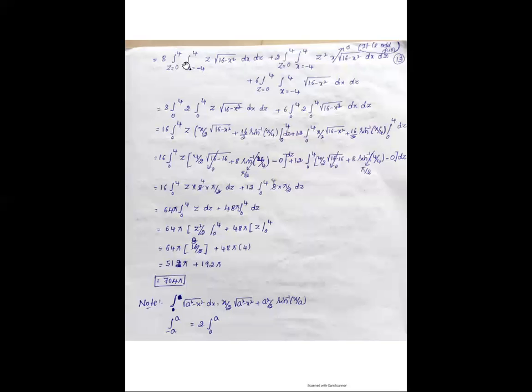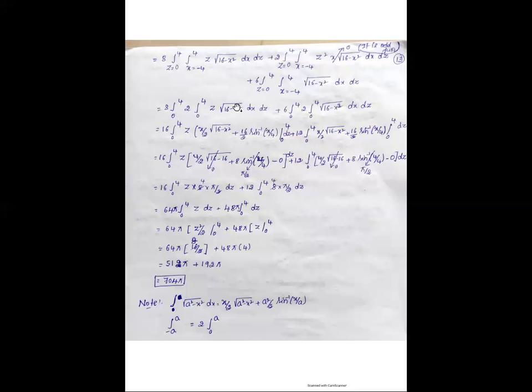So this integral is 2 times the integral of 0 to 4, z into square root of 16 minus x square dx dz, plus here also minus a to plus a, so we can write 2 times the integral of 0 to 4 square root of 16 minus x square dx dz. 8 into 2 is 16, integral of 0 to 4, z constant, write as it is.